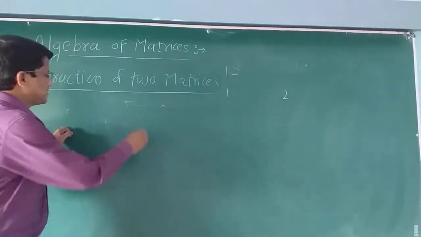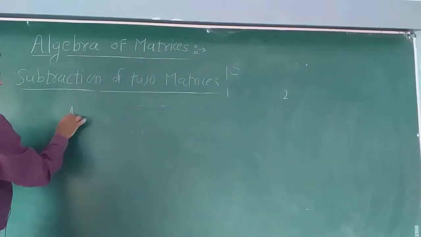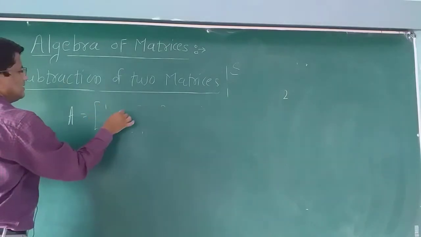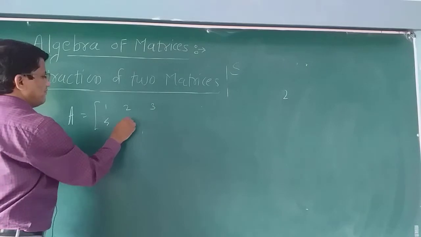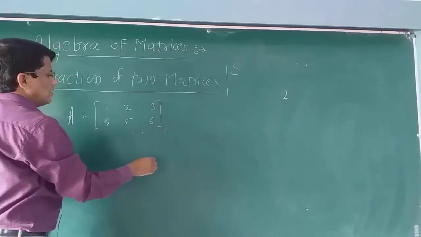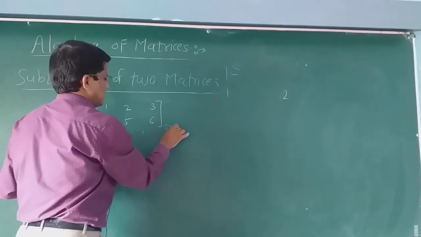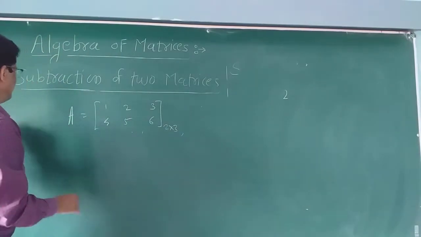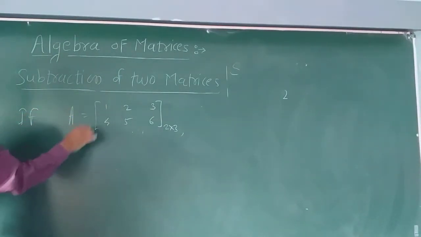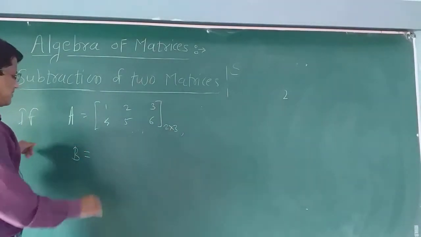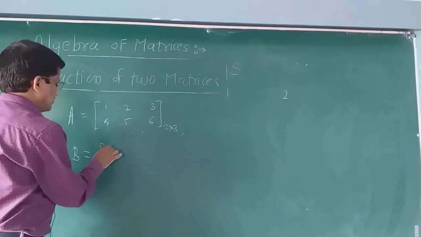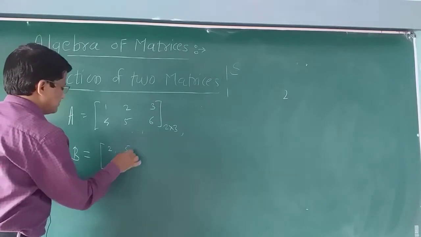Suppose matrix A is given: 1, 2, 3, 4, 5, 6. What is the order? The order is 2 by 3. This is the first matrix, matrix A.